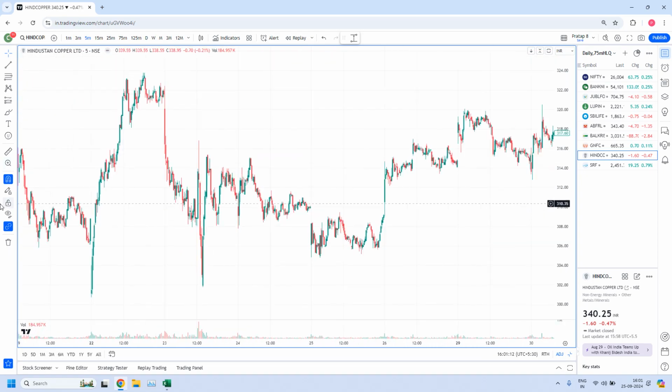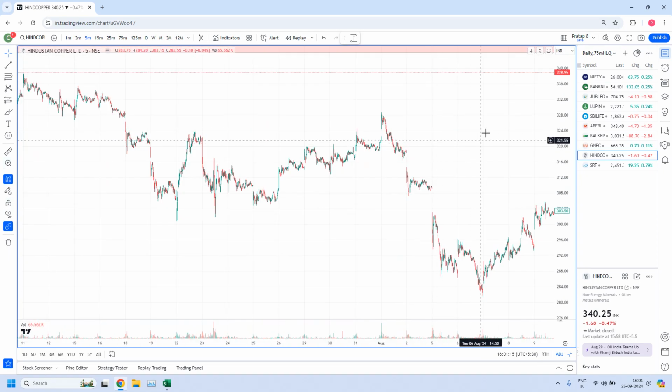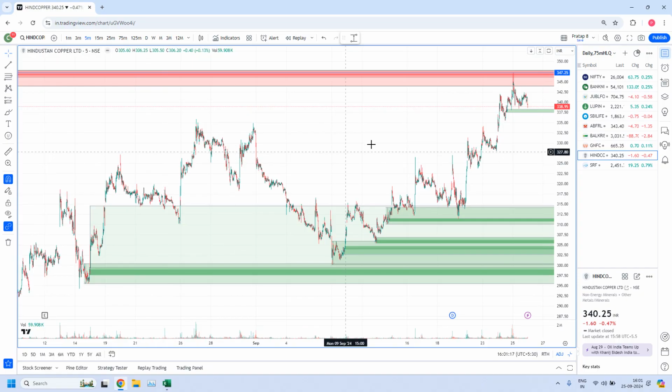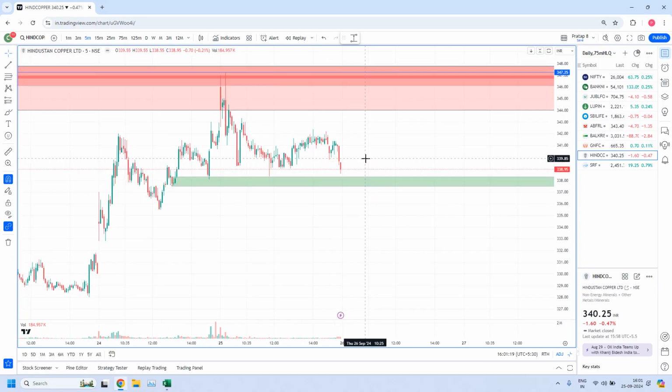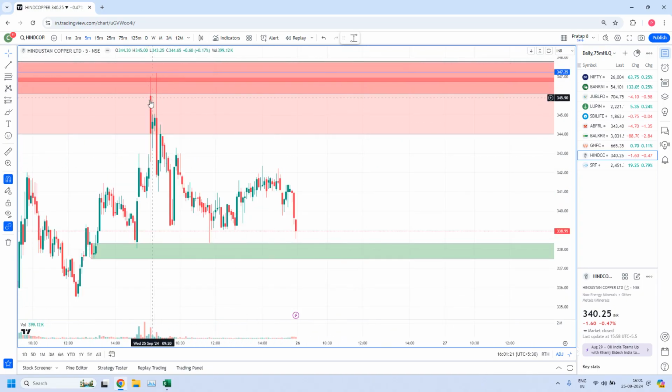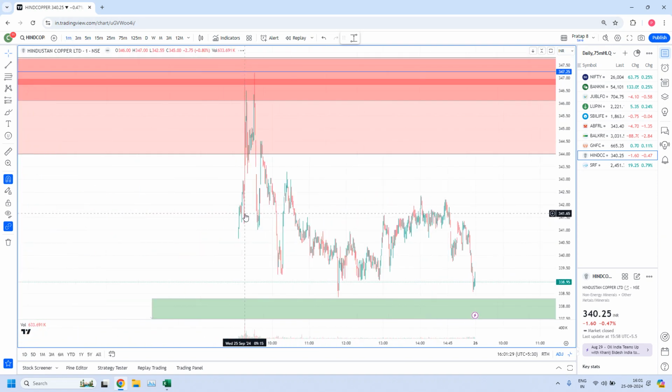And today we got the trade in this zone, but unfortunately the zone is pierced, but it did not cross the stop buffer. Here in this candle we got the trade. This is the morning 9:16 candle we got the trade. Let me shift to 1 minute time frame.